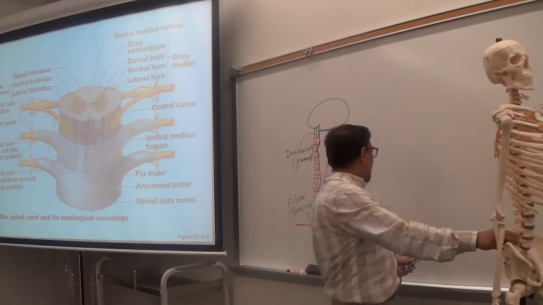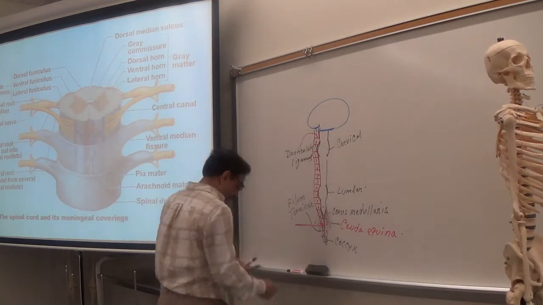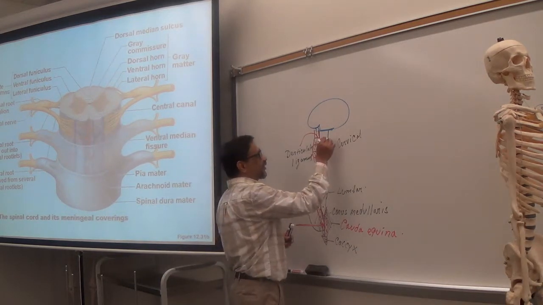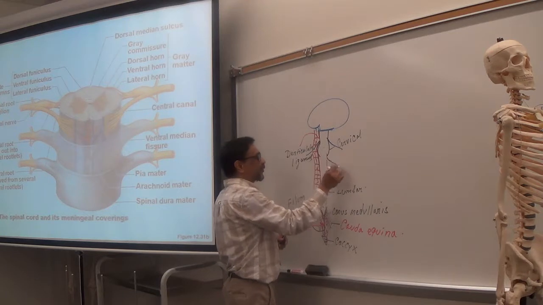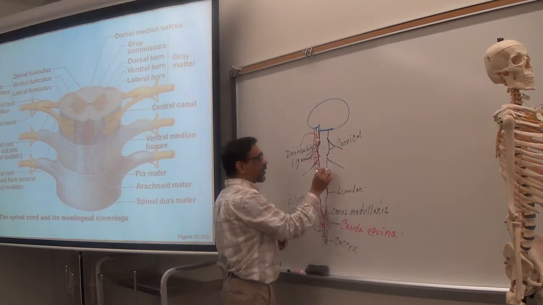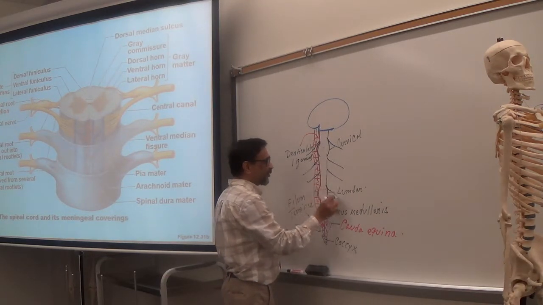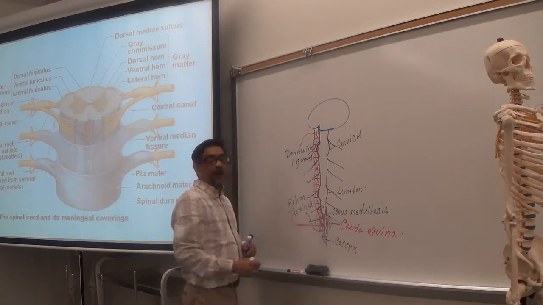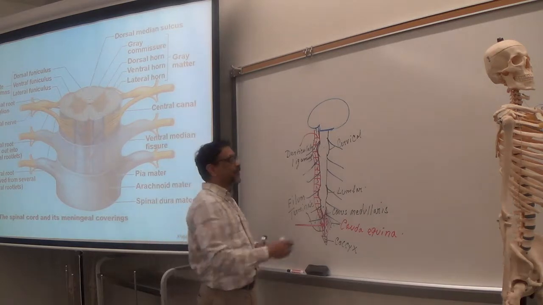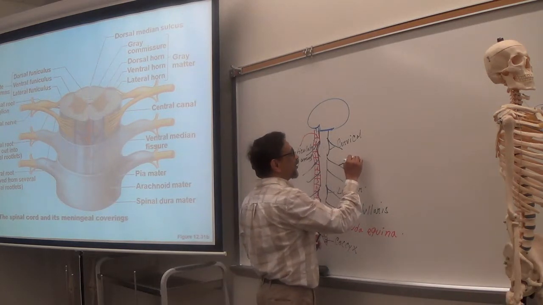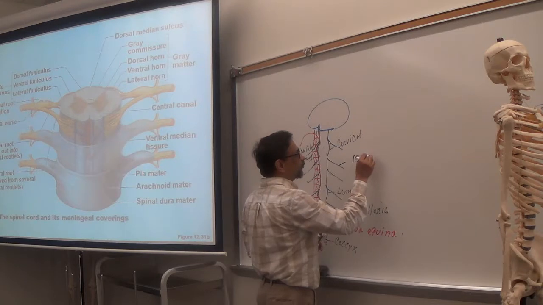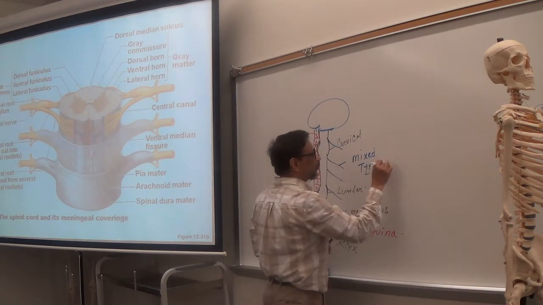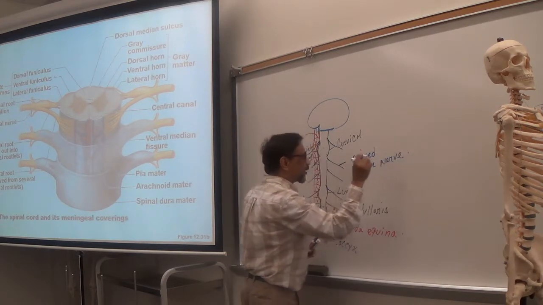As I mentioned, how many spinal nerves? 31 pairs. That means 62. From both sides of the spinal cord, spinal nerves arise. Spinal nerves, I mentioned before, are mixed type nerves. Why is it mixed type?